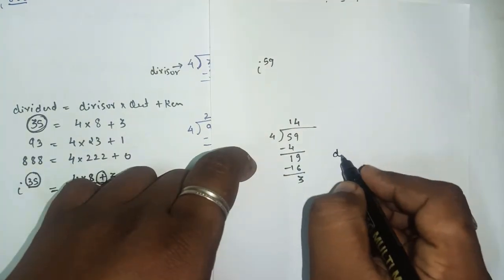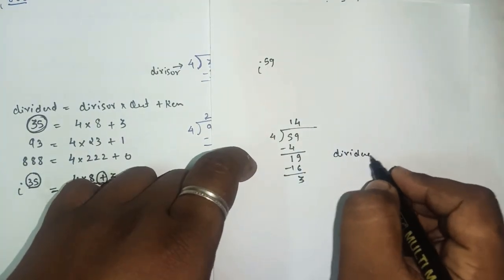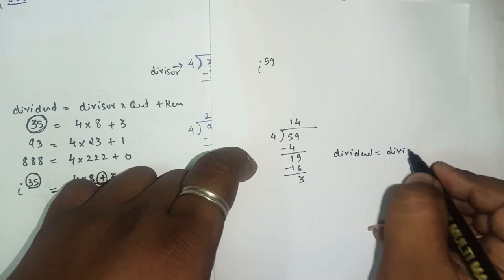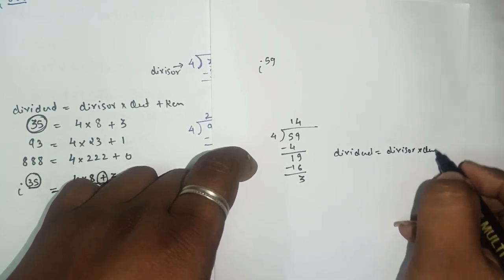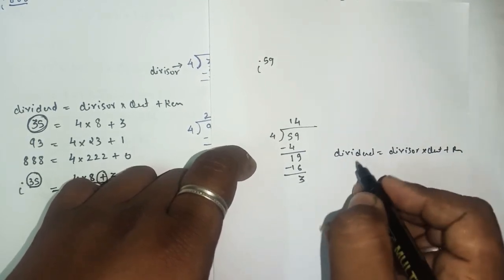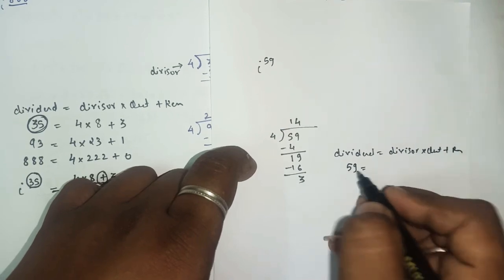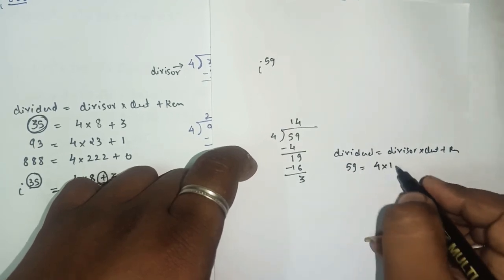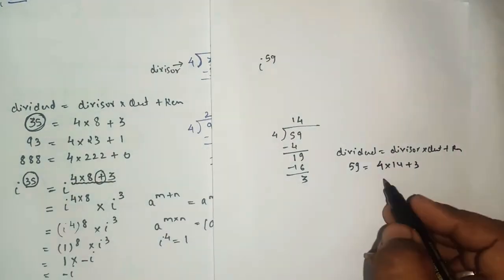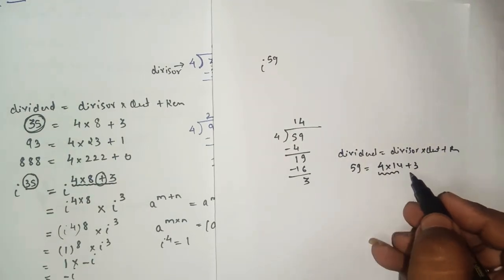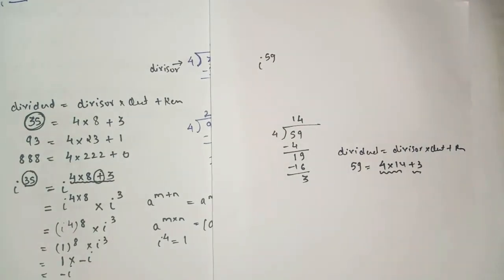So using the formula dividend equals divisor into quotient plus remainder, we can write this 59 as 4 into 14 plus 3. Understood? Check, 4 into 14 plus 3, you will get 59 only. Yes or no? Got the point?